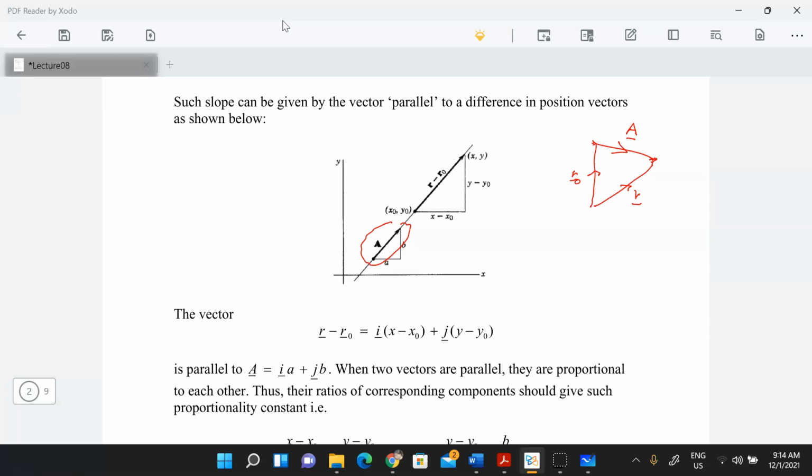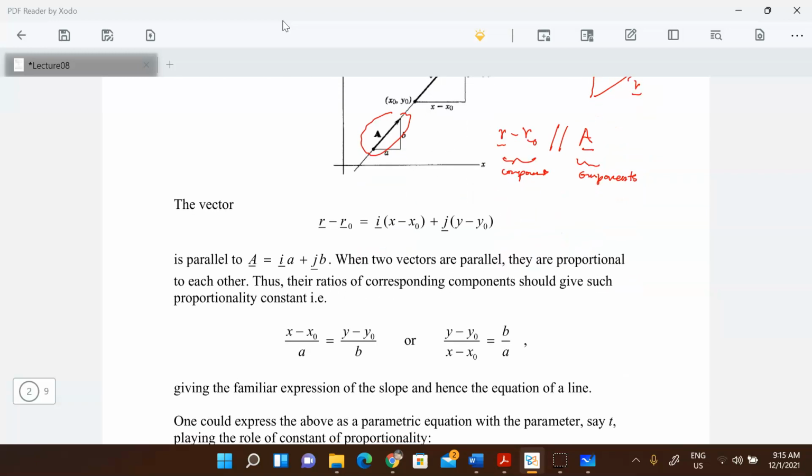So what that says is that R minus R naught is going to be parallel to the vector A. Remember previously when we talked about parallel vectors, if we take the ratio of each pair of corresponding components, they will have the same ratio. So we can use that knowledge about the geometry of vectors to write down the following.